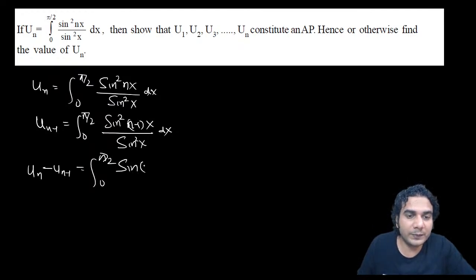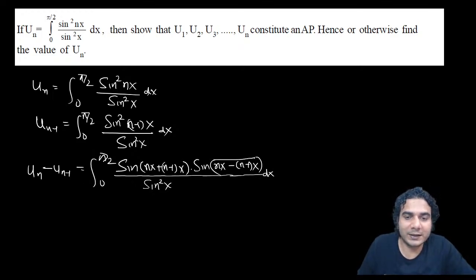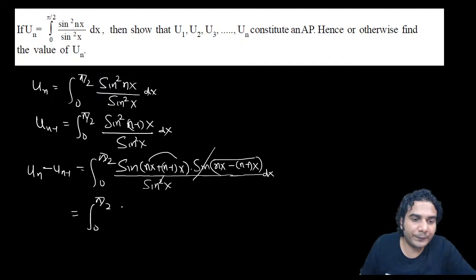So sine of a plus b is nx plus n minus 1 into x. Sine of a minus b is nx minus n minus 1 into x, divided by sine square x dx. All right, so now you can see this is nothing but sine x. So this sine x will get cancelled. And what is this? This is the integral from 0 to pi by 2 of sine of 2n minus 1 into x divided by sine x.